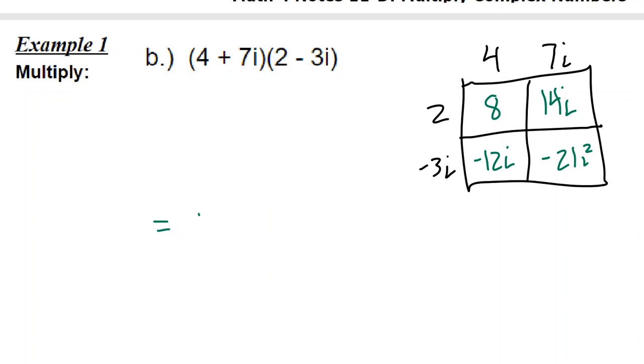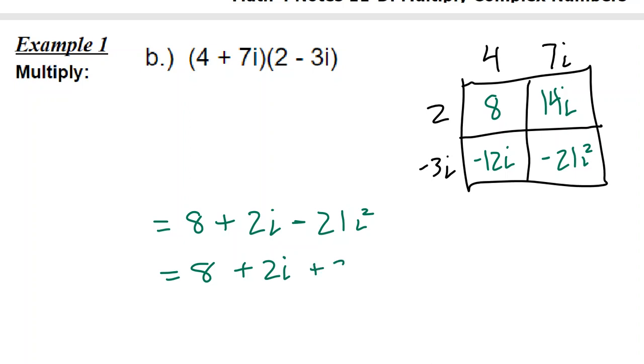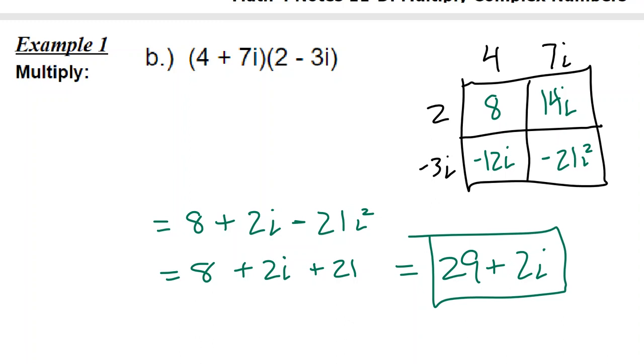So we're going to have 8 plus 14 minus 12, that's plus 2i, minus 21i squared. Now that's going to be the same thing as saying -21 times -1 is positive 21, which equals 29 plus 2i. Okay.